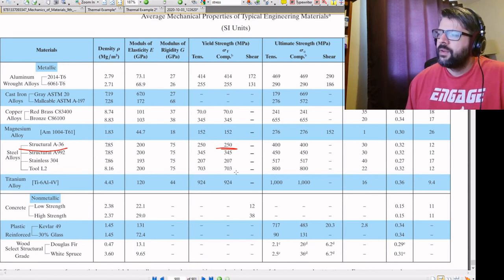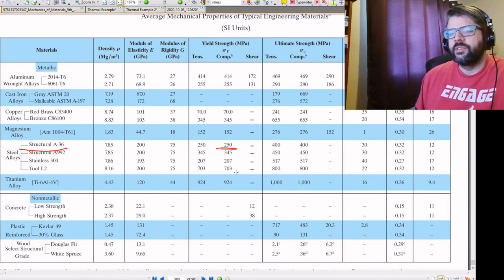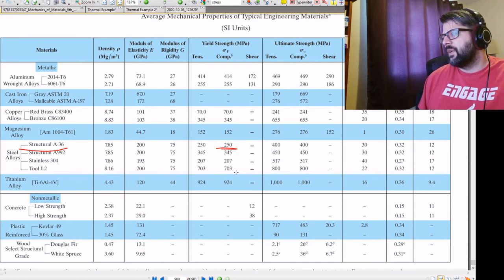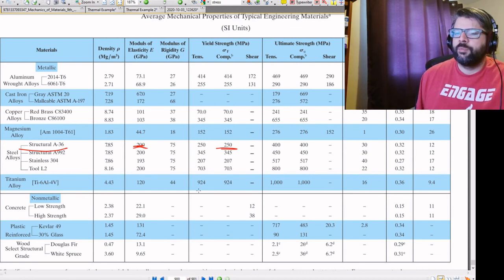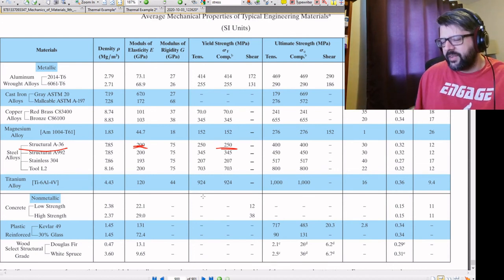So you don't need large deformations to start causing damage. You don't need large temperature changes to be causing a lot of stress. Especially if the material in question is really stiff, like steel is, if it has a high modulus of elasticity and it's constrained, its ability to withstand temperature changes without causing a lot of forces that could damage it is rather limited.